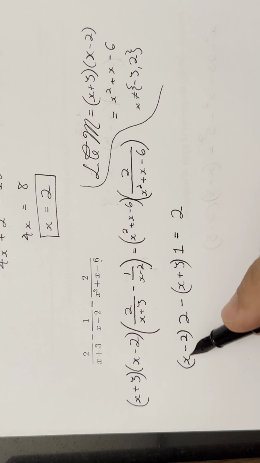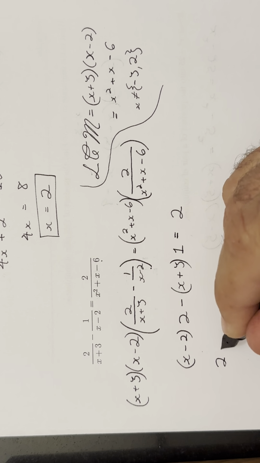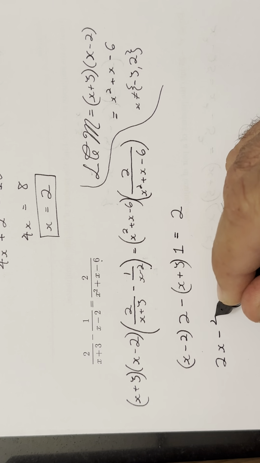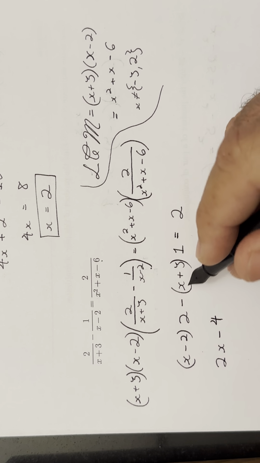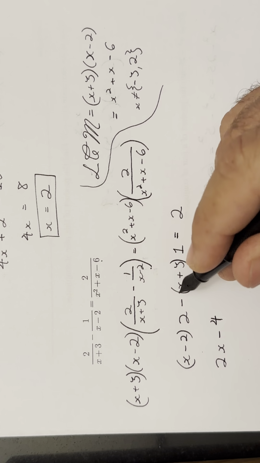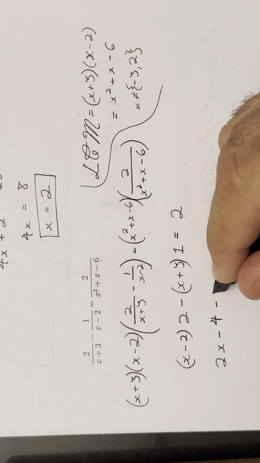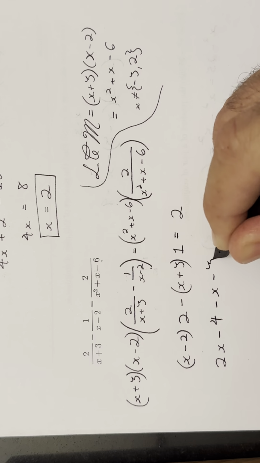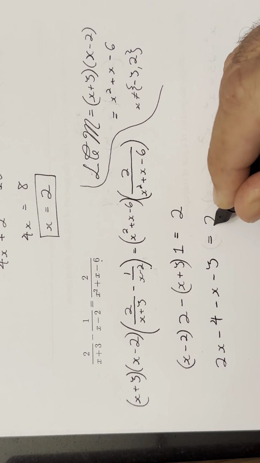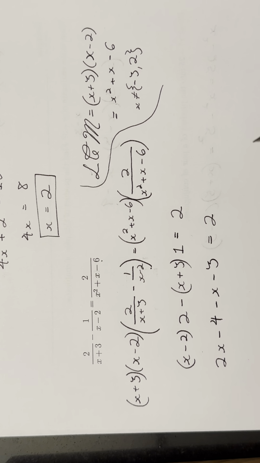And so we distribute this 2 to both terms here. So we have 2x minus 4. And then over here, I don't need to distribute the 1, but I do need to distribute this negative sign to both terms. So this becomes minus x minus 3, and the right-hand side is 2. Now I simply combine like terms. 2x minus x is 1x. And then negative 4 minus 3 is negative 7.